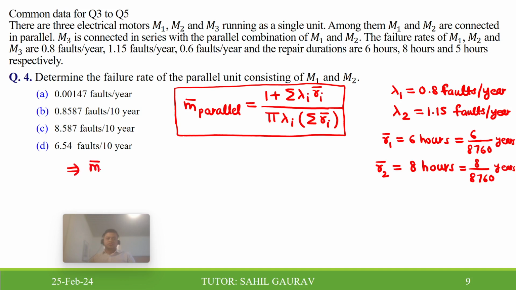So M bar parallel will be 1 plus lambda 1 R1 plus lambda 2 R2, and the denominator will be lambda 1 lambda 2 into R1 plus R2.